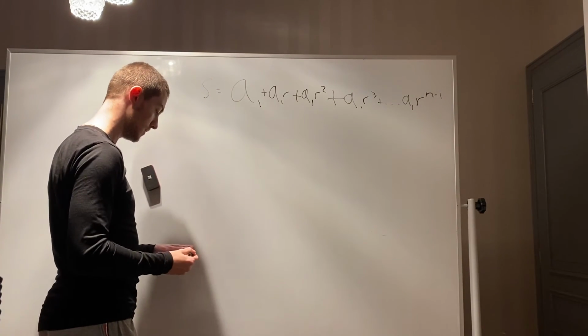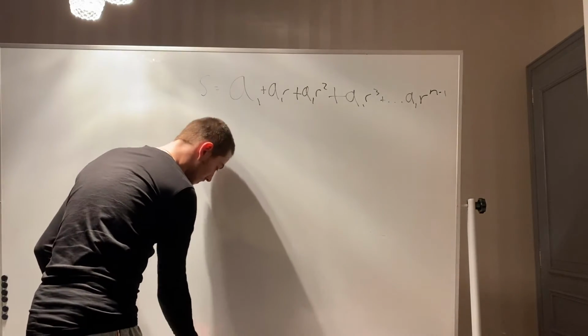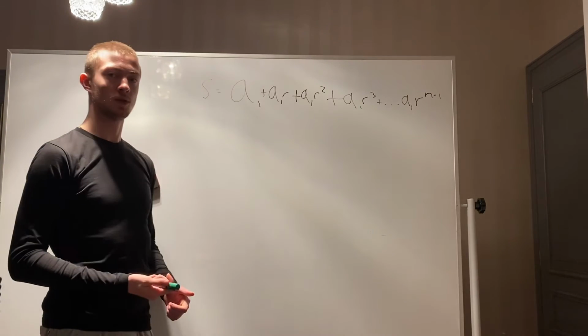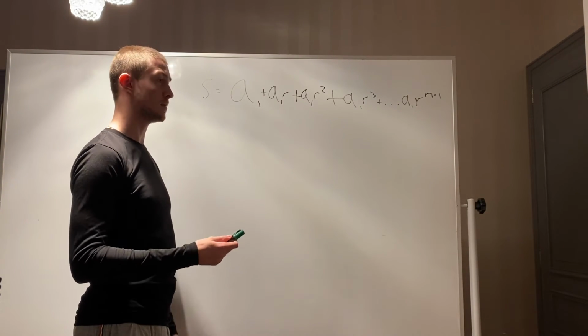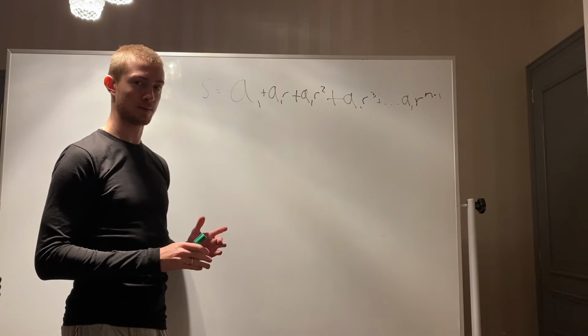Now I'm going to take another color. Now, what we want to try and do, usually when we sum together a bunch of terms, is to somehow get them to cancel and get them to come together in a single nice package.